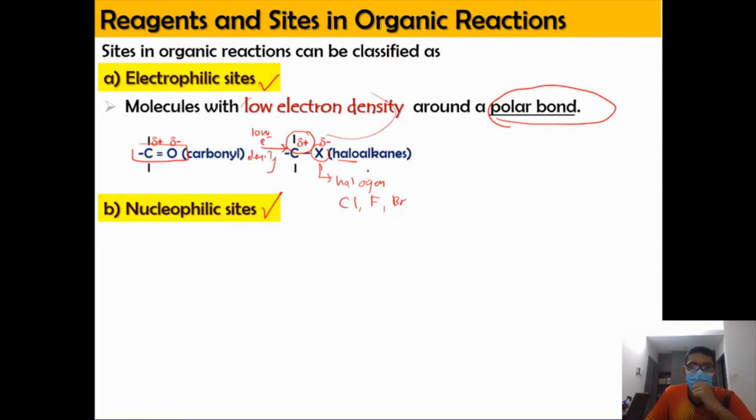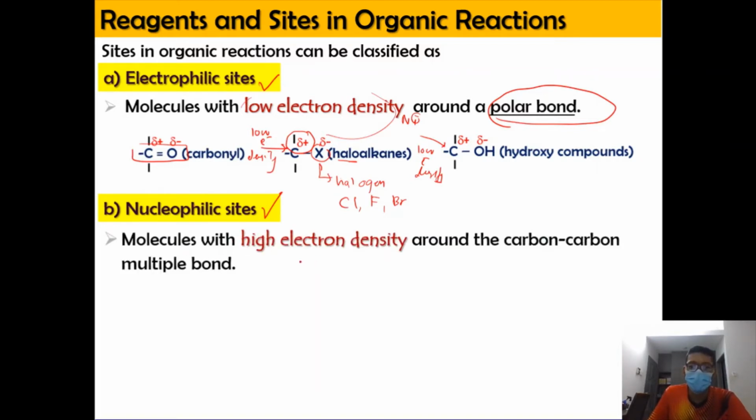And the other example is the hydroxy compound. The same explanation as before, and this region here is the low electron density. So this is known as the electrophilic site, and this area is usually attacked by nucleophile. So nucleophile, which is a high electron density species, will attack the electrophilic site.